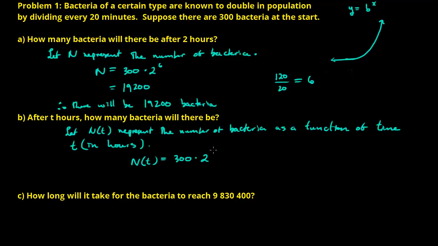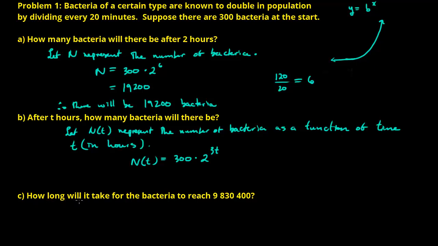If I just raise this to the exponent t, and t is in hours, when 1 hour goes by, 300 would have just doubled once. But I want it to have doubled 3 times. So I need to multiply t here by 3. So I'm going to have 300 times 2 to the power of 3t.